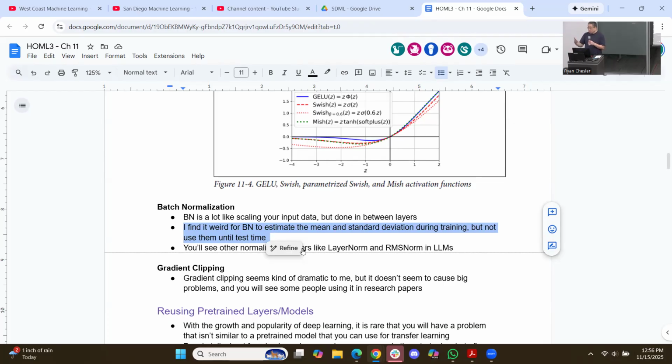We're going to use it once we've stopped training for predictions. So why not use it now? My guess is that people actually like that little bit of noise introduced by the batch, in the same way that stochastic gradient descent is a little bit noisy because you just pick a random batch of data points.